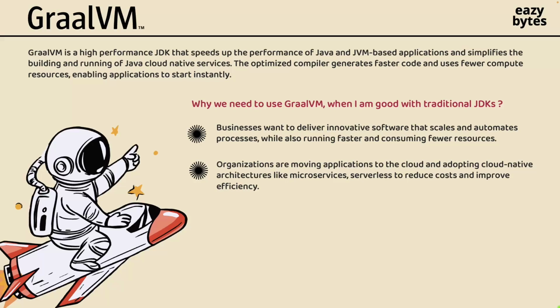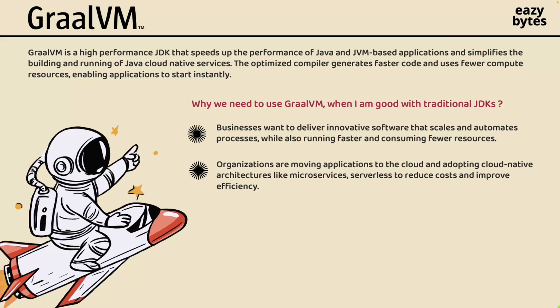Because these days, most organizations are running their traditional applications or cloud native applications like microservices and serverless inside the cloud. So if your applications run fast and consume very few resources, you indirectly reduce the cloud bill and also improve the efficiency of your Java application.